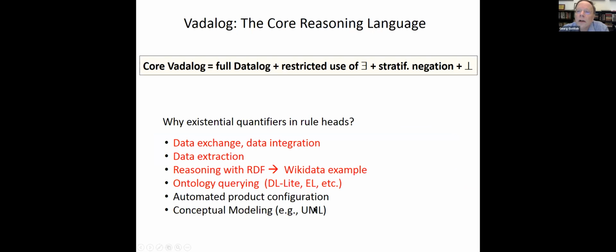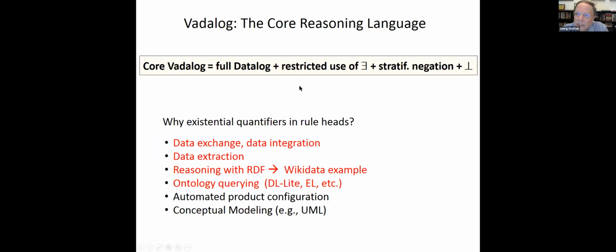Now I want to speak about the language that we use. This language is called Vadalog. It's core Vadalog. It's a very simple language, and then we add arithmetic and a lot of other features to it. So what is core Vadalog? It's full Datalog.